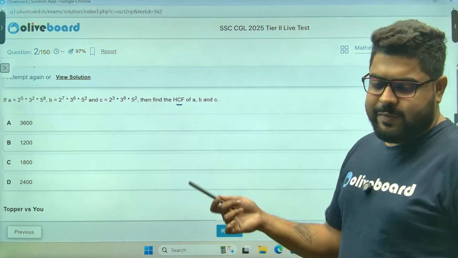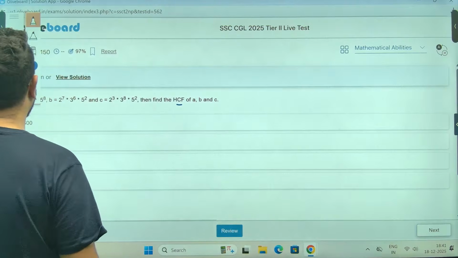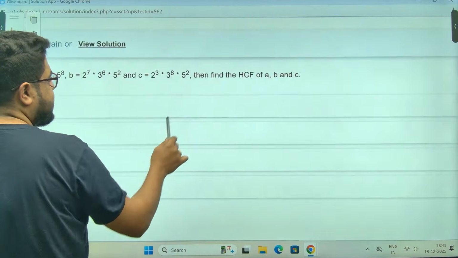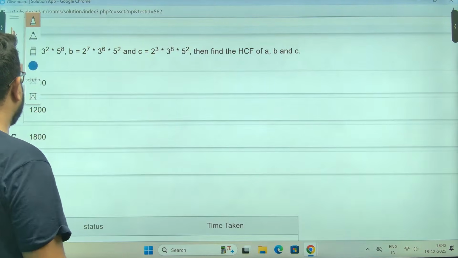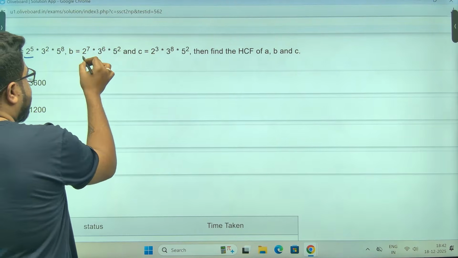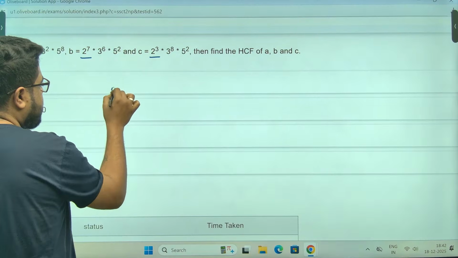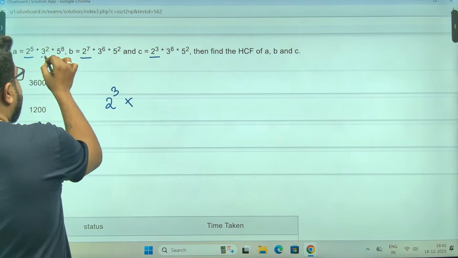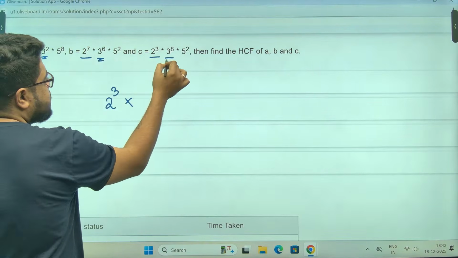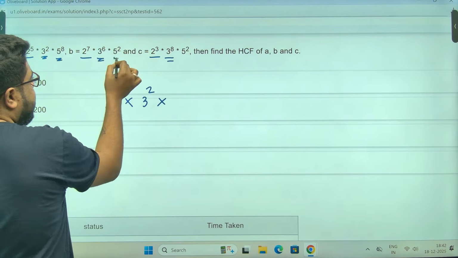HCF means common part. Let me just zoom it a little bit. 2 to the power 5, 7, 3. So what is the least common? 2 cube. Then 3 square, to the power 6, 8. The least is square. 5 to the power 8, square, square.